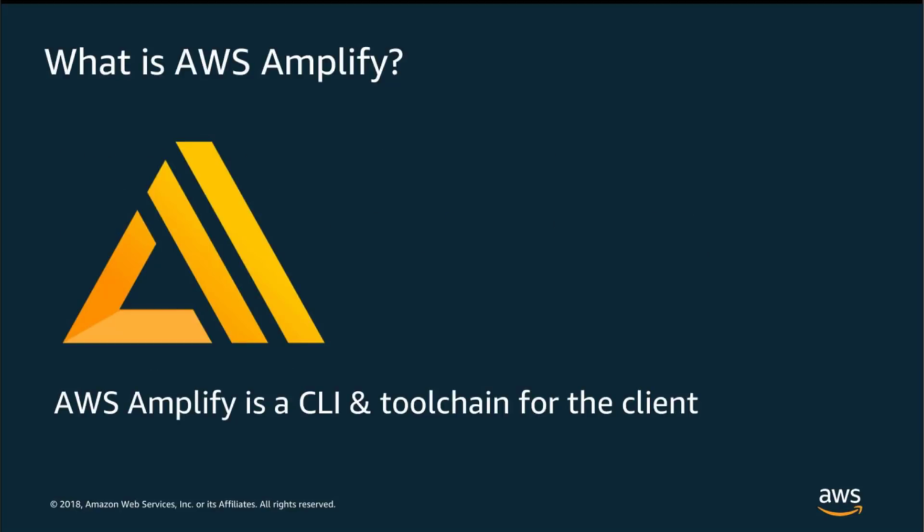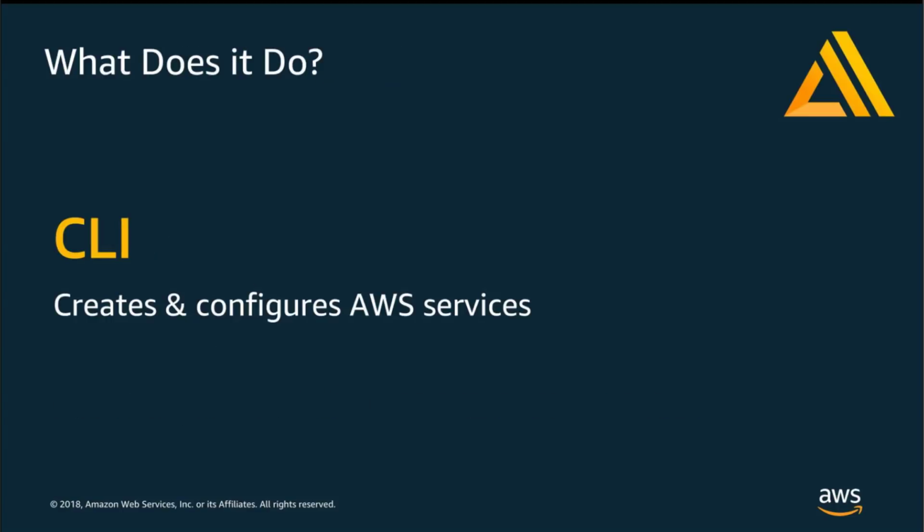To make it concise, it's a CLI and a tool chain for the client. Really, it's a CLI and a client-side library, but the CLI does a lot more, so we're calling it a tool chain as well, because we do a lot of code generation and things like that as well. So we'll split this up into two pieces, the CLI and the client library.